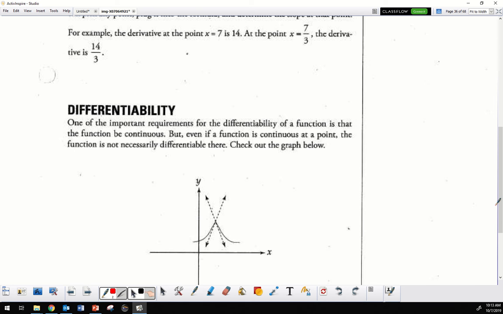Okay, so remember, the derivative is the slope. If I'm looking at this, in this case right here, it's going to be a pointy point, isn't it? So now the slope right here is positive, but the slope over here is negative.